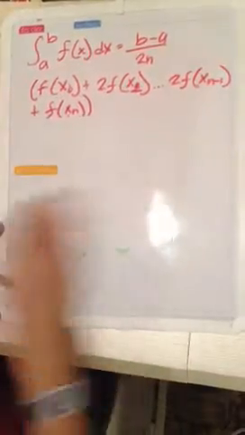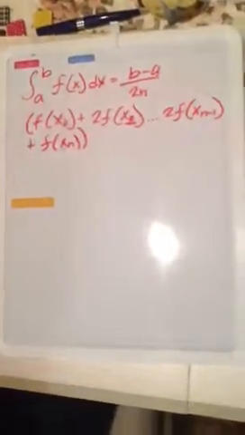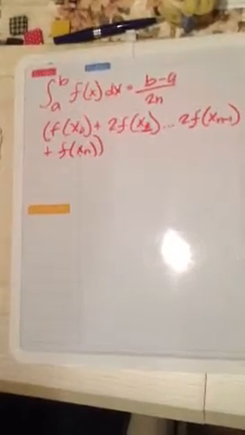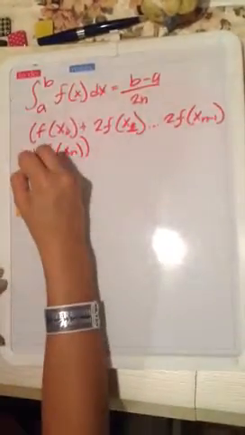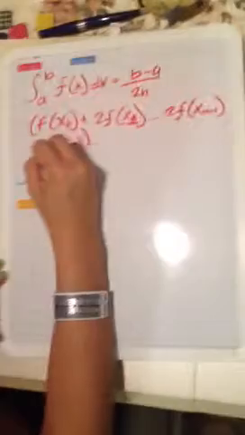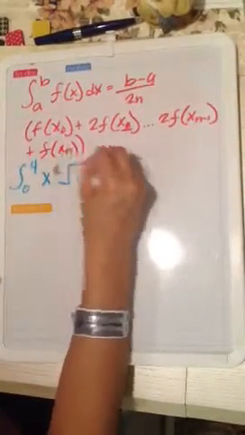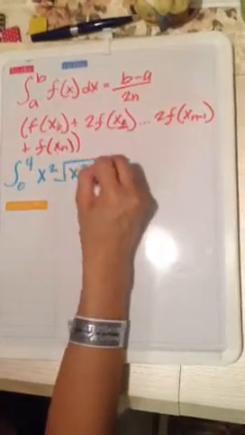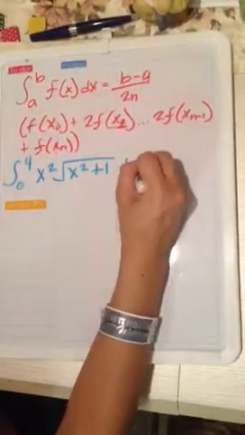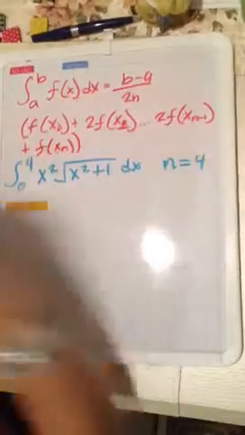And then the last example would be the integral between 0 and 4 of x squared times the square root of x squared plus 1 dx, where n equals 4.